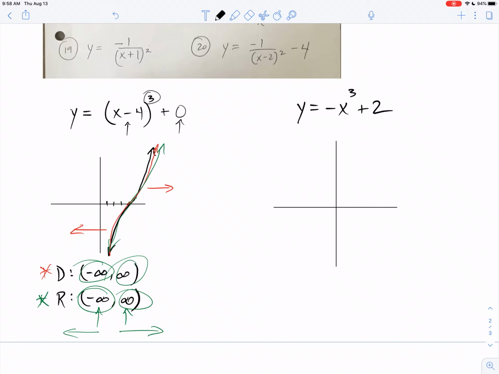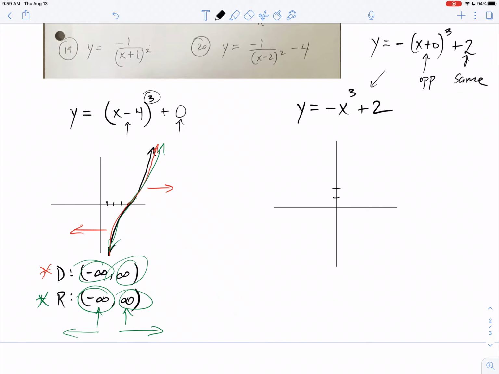So this guy could be rewritten, if it helps my brain, as negative x plus nothing to the 3rd power plus 2. That means I'm not going sideways, but I'm going to just go up 2. Opposite. Well, the opposite of nothing is nothing.